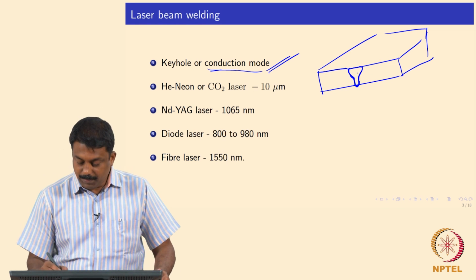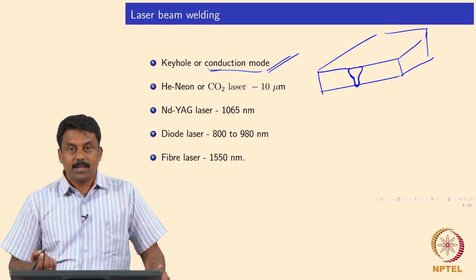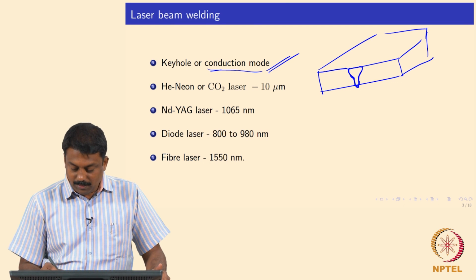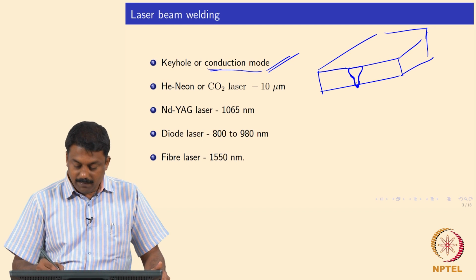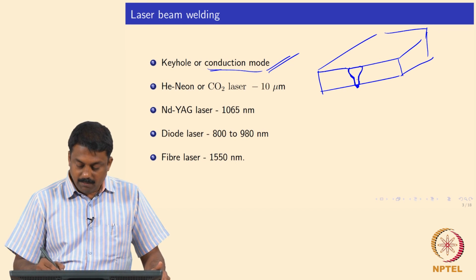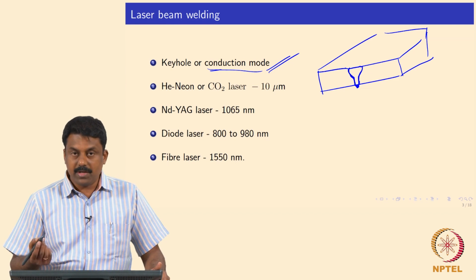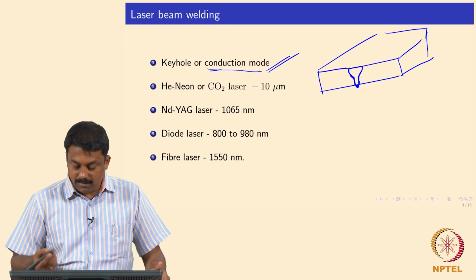The shape of the laser penetration is like a keyhole. If the power is high enough, you will have a through thickness keyhole, and you will have metal vapor, which causes various force generation. We will look at the force balance in the keyhole in later lectures.